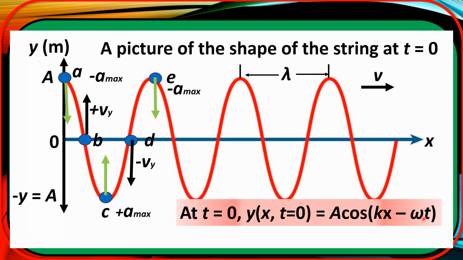The minus sign inside this parenthesis is for the wave that is moving in the positive x direction, just like what we have here in the graph. We use the plus sign if the direction of the wave propagation is negative, meaning from right to left.